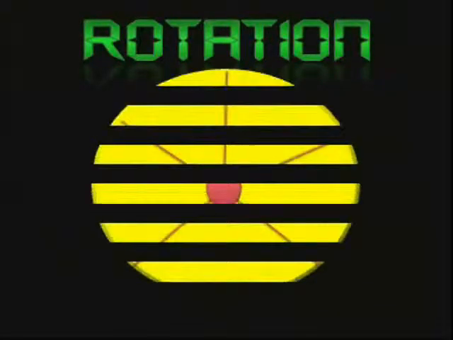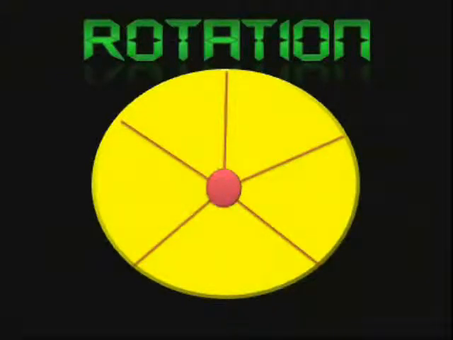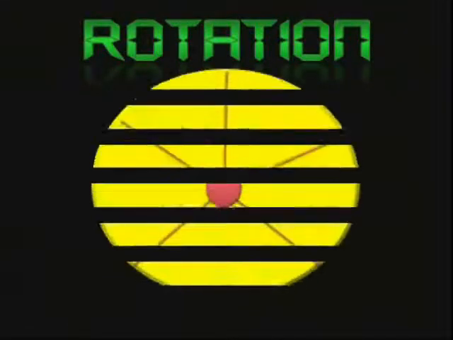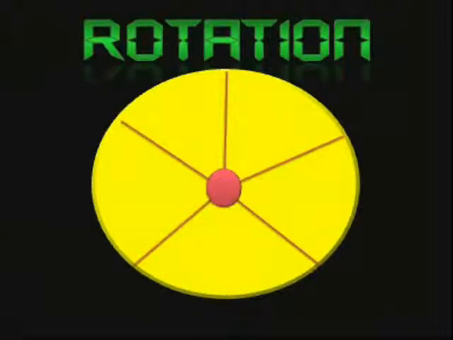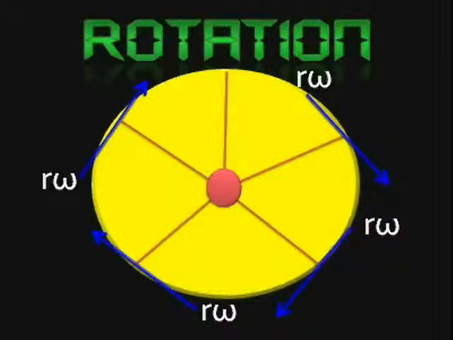Next is rotation. Rotation is when a rigid body rotates about some reference point, in circular motion. From your knowledge of circular motion, you already know that the velocity of a point will be r omega. If you were to find the velocity of points on the circumference as shown, all of them will be r omega at different points.